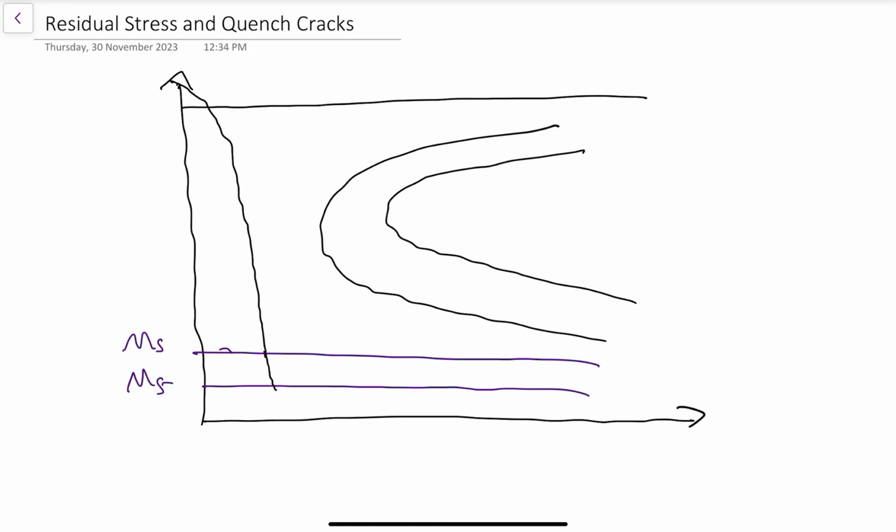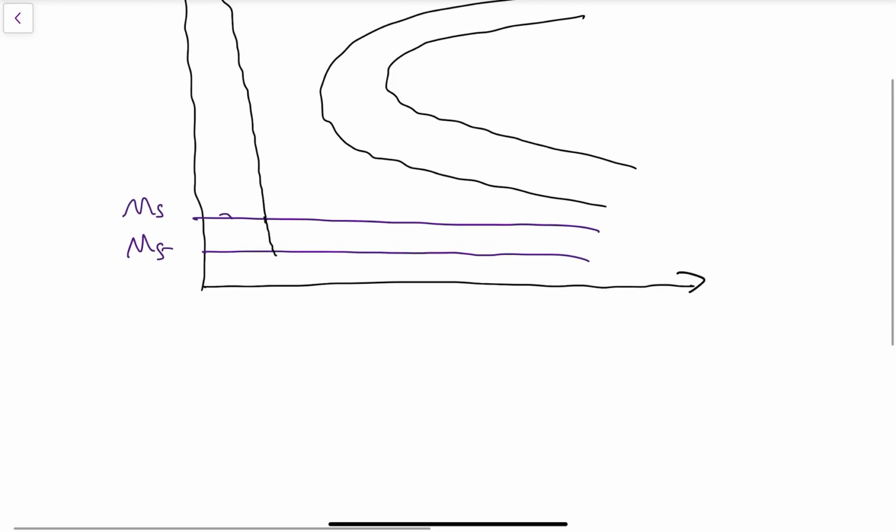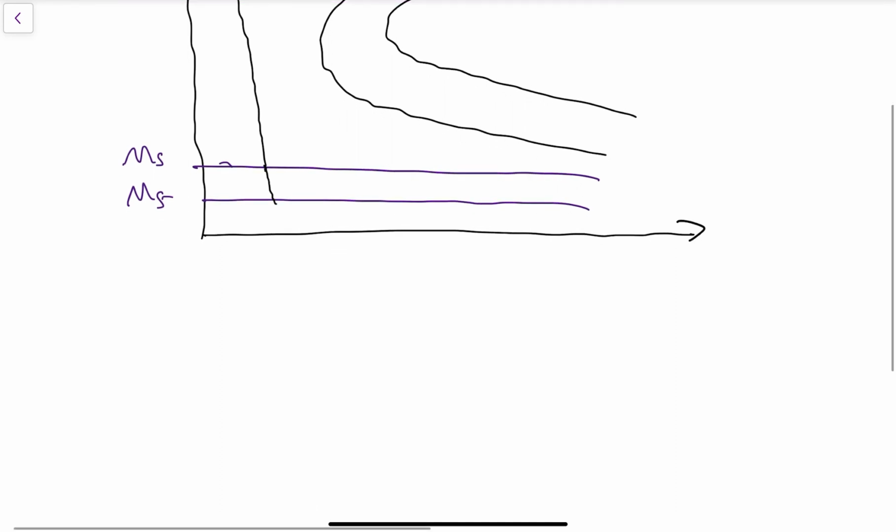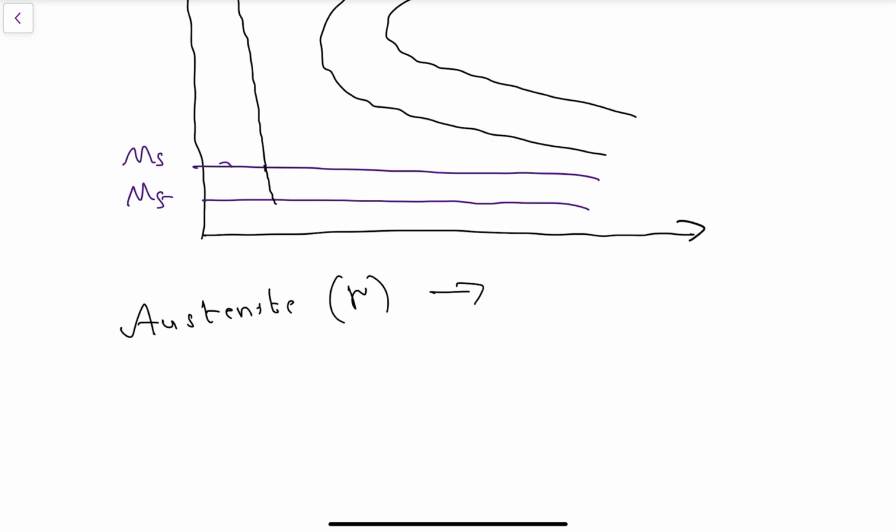So you can see that when this transformation occurs, this austenite, that is gamma, transforms to martensite.